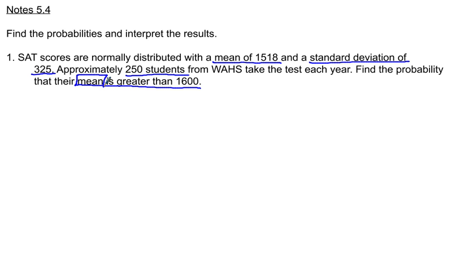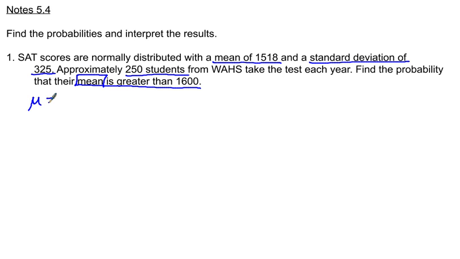In all of the problems before, we were looking at a specific data value. When we are specifically asked to find the probability that a mean is something, we know we're using our sampling distribution formulas instead of just the regular z-score formulas. Let me collect this information here.